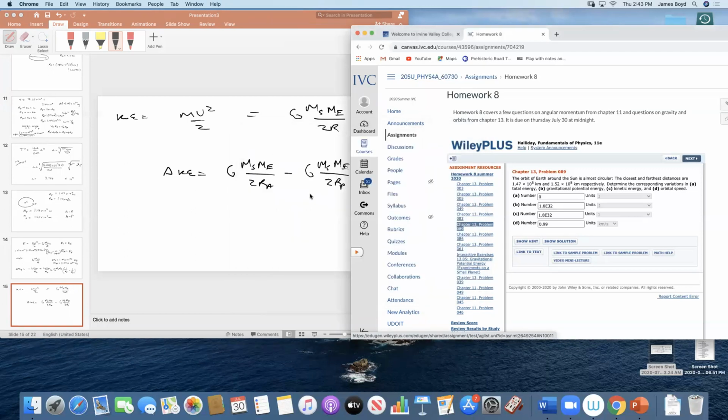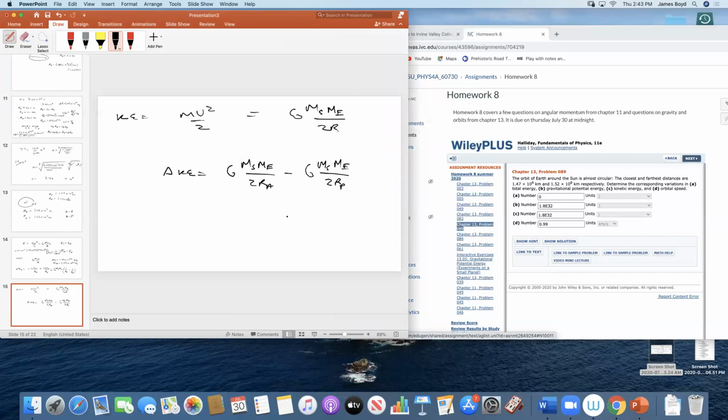I'm trying to remember what happens to that half, because it would look like we would get half the energy of the potential energy, but they are the same. The only difference is that RA and RP have changed places. I don't know, maybe they are half. Weird. But anyway, the change in potential energy is equal to the change in kinetic energy. So you should get 1.8 times 10 to the 32nd joules.